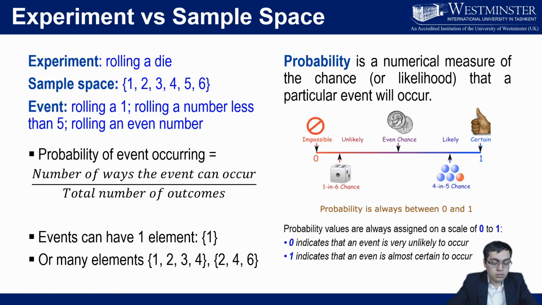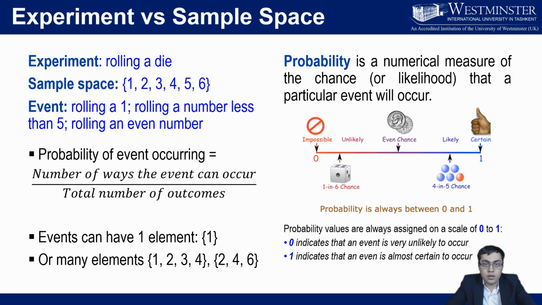So consider this example of an experiment, which is rolling a die. If we were to roll a die, our sample space or the outcomes that we are able to observe are 6 mainly, and those are 1, 2, 3, 4, 5, and the number 6.